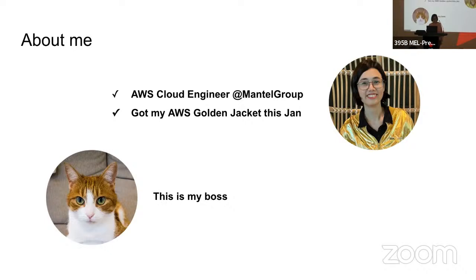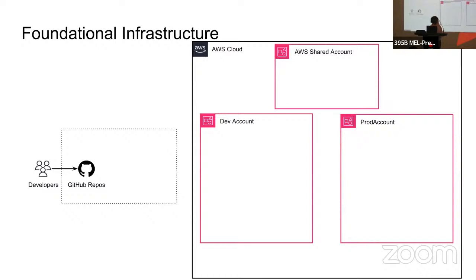Let's go back to what we are building today. Before talking about the serverless pipeline, CDK and ECS, I want to talk about the foundation infrastructure we have. We already have 3 accounts: Grid, Tab, Cloud, and Shared.